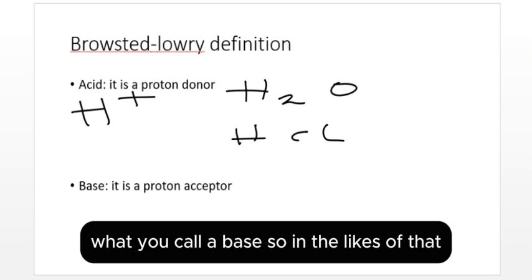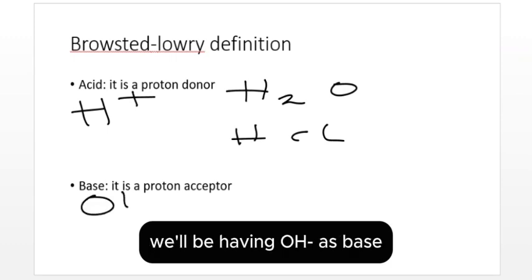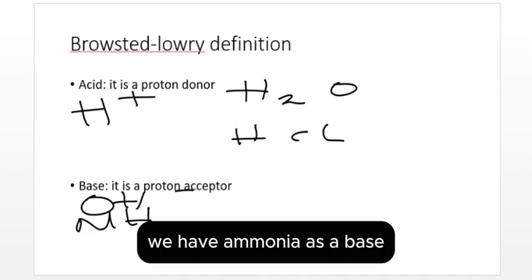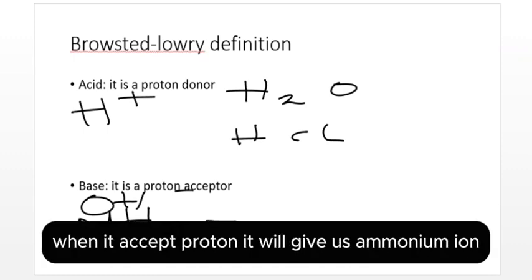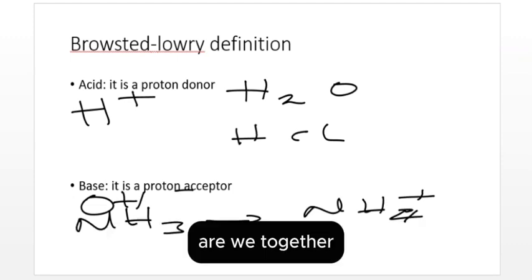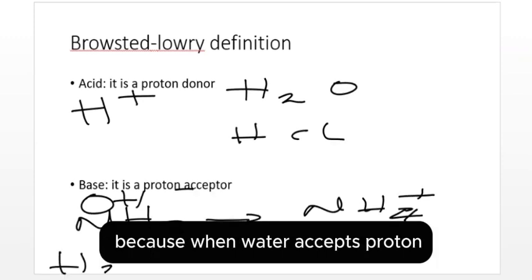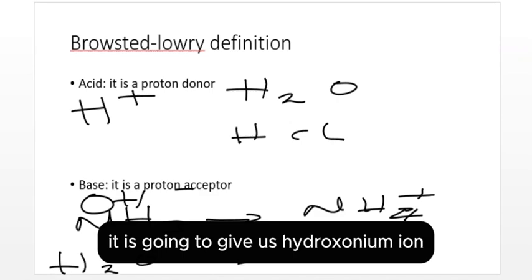OH minus is a base, because when it accepts a proton, it gives us water. We have ammonia as a base; when it accepts a proton, it gives us ammonium ion. Are we together? In this aspect, water can be an acid or a base, because when water accepts a proton, it gives us hydronium ion.